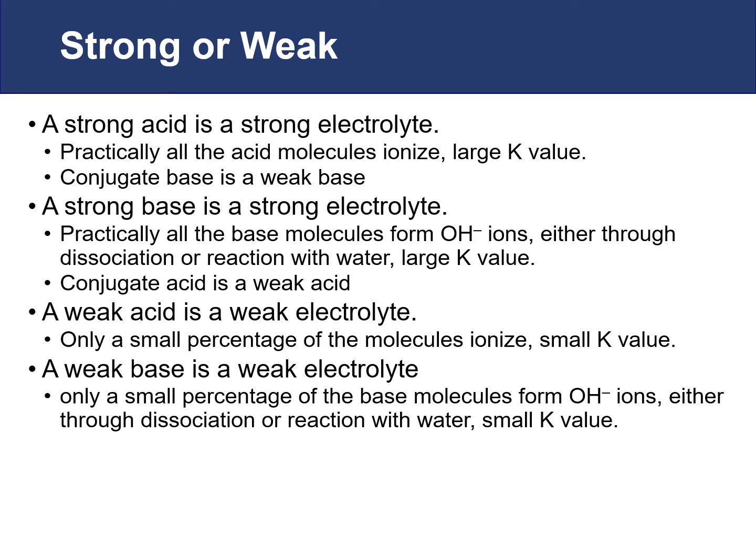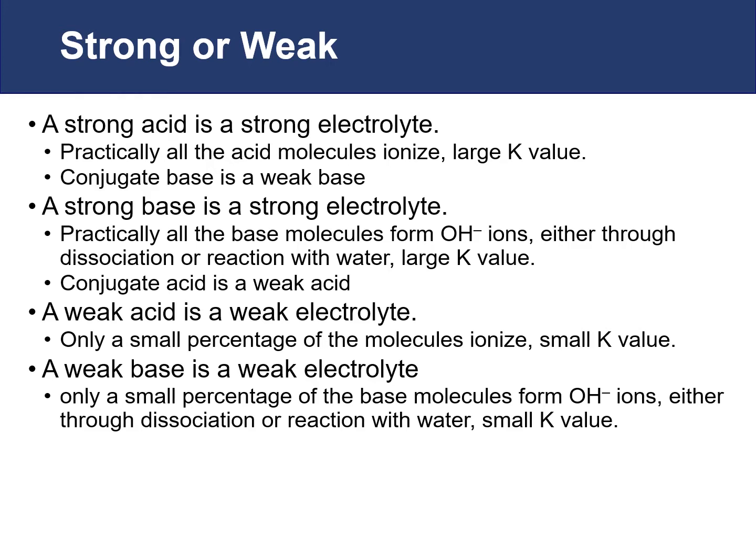On the flip side, if you have a weak acid, the term weak means that it has a small K value. Because it has a small K value, the reaction doesn't proceed very far towards the products, so it won't be a strong electrolyte. It doesn't break up into its constituent ions, and so it's not able to shuttle charge like an electric current.